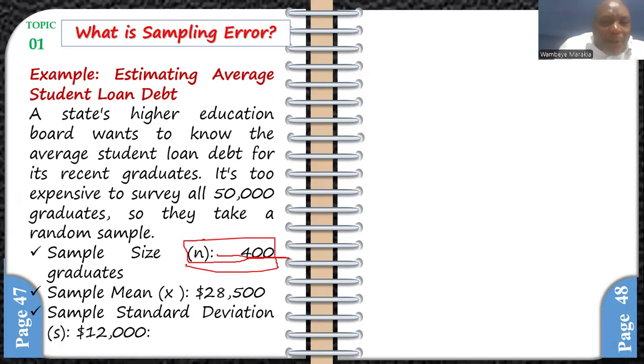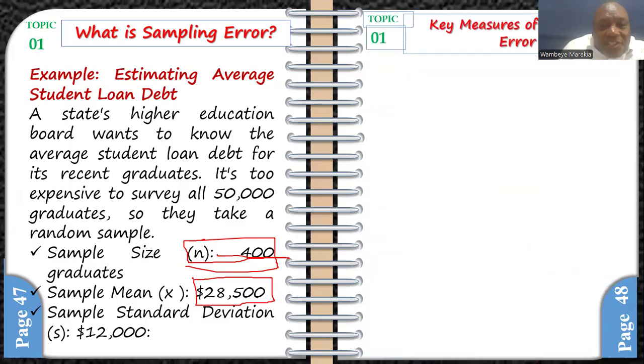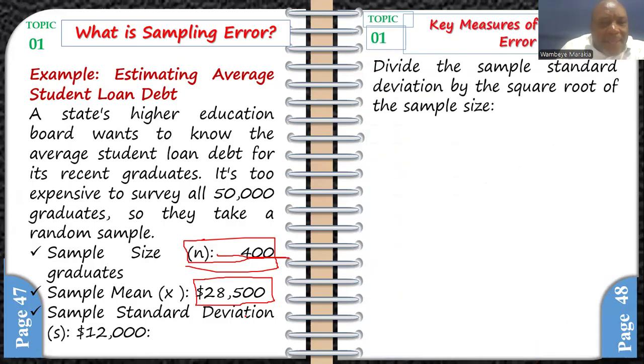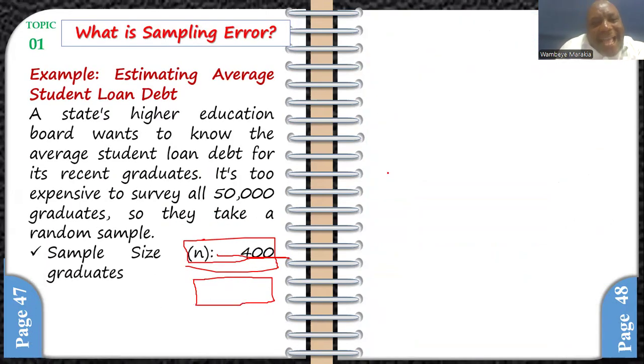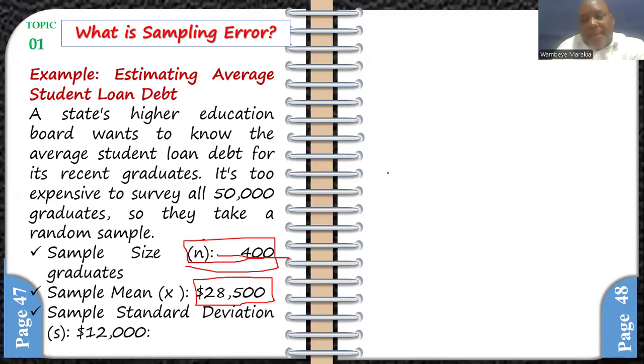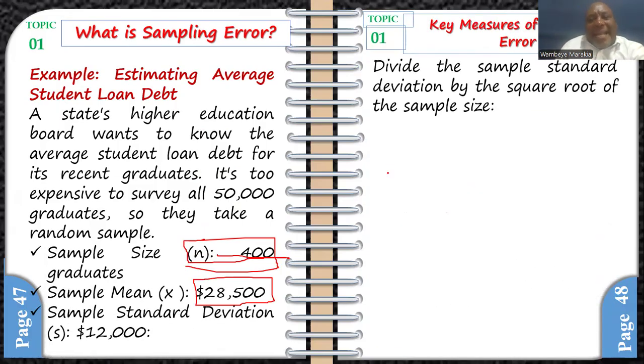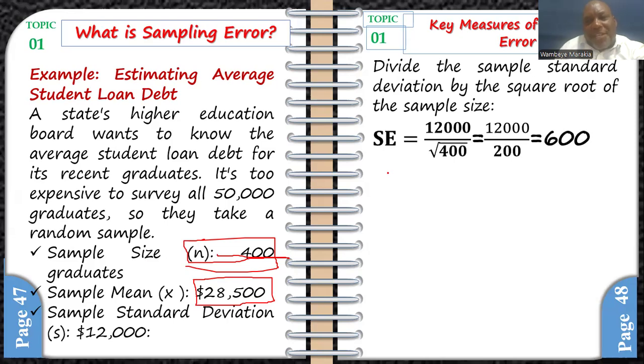From the sample of 400, the mean debt is $28,500 and the standard deviation from this sample is $12,000. So we are now going to start calculating the standard error for this population.